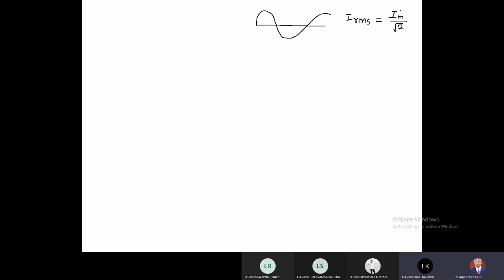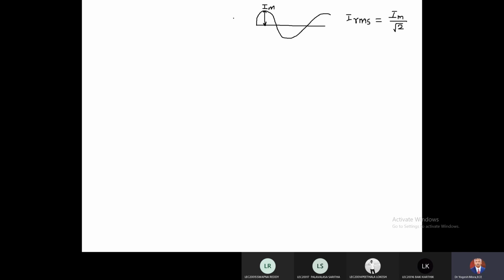Sir, current. Yes, this is the Im. The maximum value of current of this sine wave is Im.